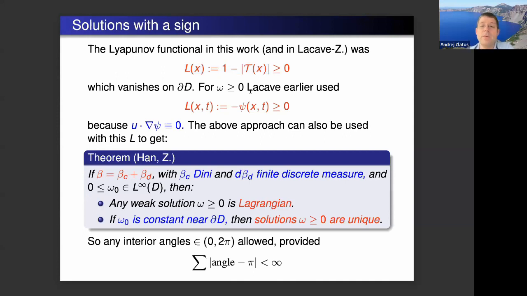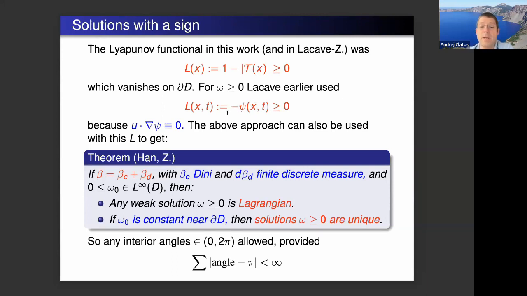And Lacav, for solutions with signed vorticity, let's say positive vorticity, used a different Lyapunov function, and it is the minus stream function. So the stream function is negative, that's why the minus. If vorticity has a sign, the stream function is negative, because you are solving Laplacian of psi equal to a non-negative function.